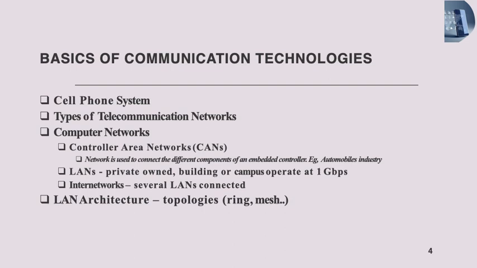The network is distributed over geographical areas called cells, each served by at least one fixed location transceiver or tower. But more normally, three cell sites or base transceiver stations are formed, which we will discuss later. So that is the basics of the cell phone system.